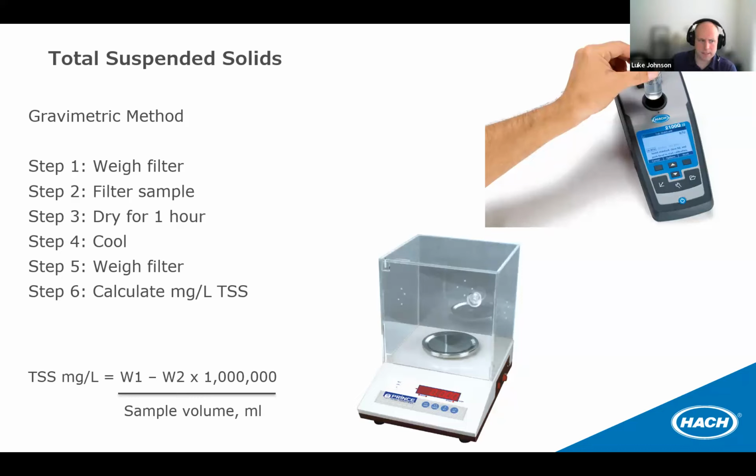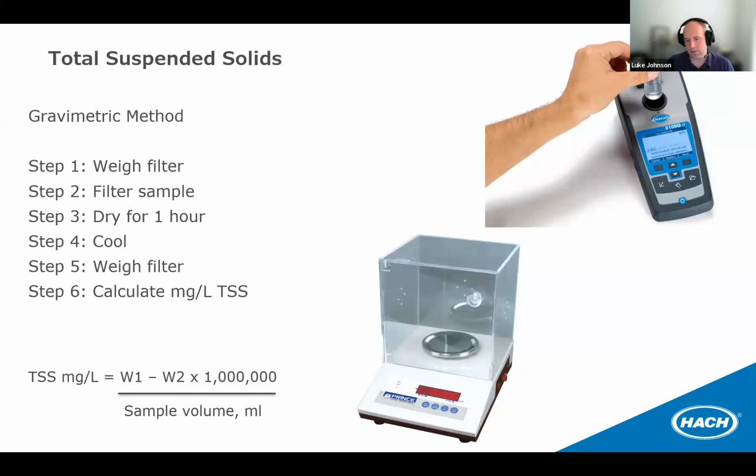Generally, wastewater matrices have a pretty standard correlation coefficient. This could be different for different matrices, because like I said, sample size, sample color, types of particulates, those all have a different response in turbidity.